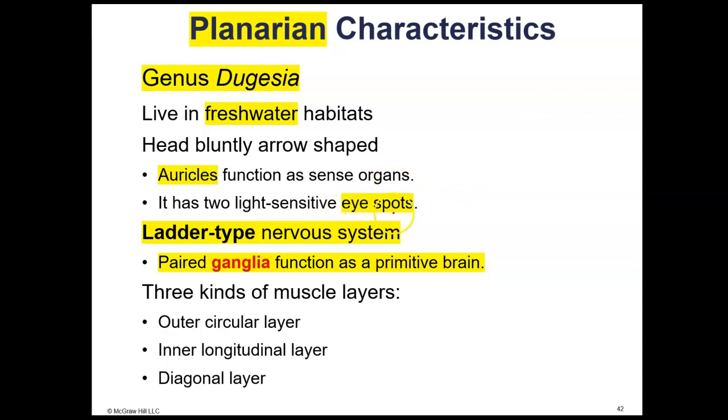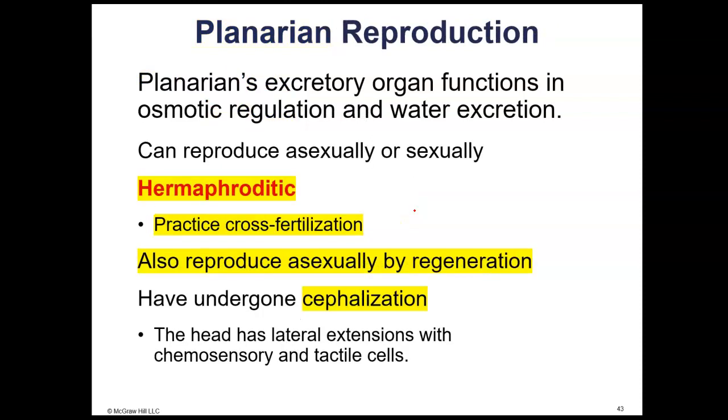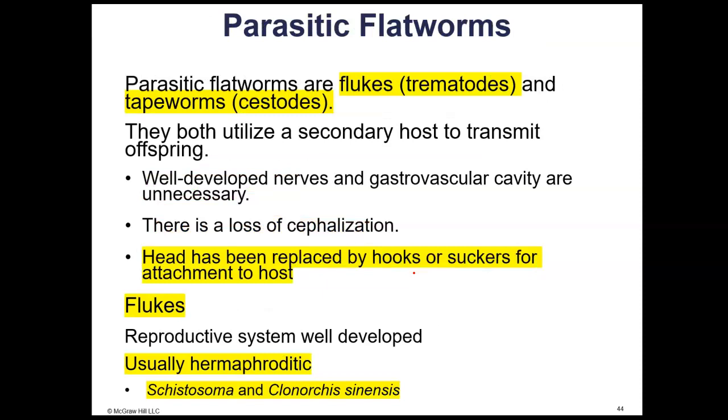They have eye spots, not true eyes, but they have eye spots that are sensitive to light. They have a ladder type nervous system. They do have a primitive brain. And again, like the annelids, they are hermaphrodites. And that will be the way they reproduce sexually, but they can also reproduce by regeneration asexually. They have undergone cephalization. They have a head region.